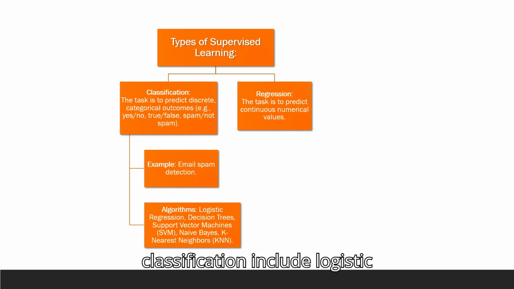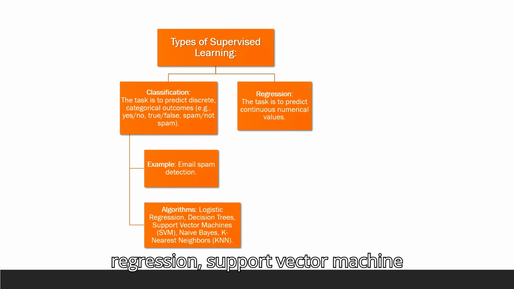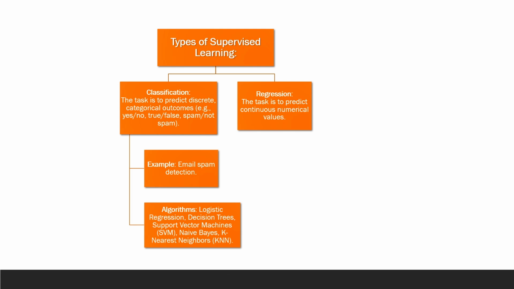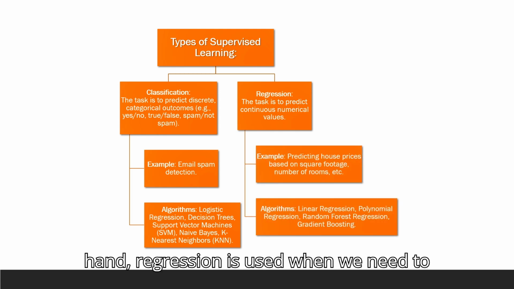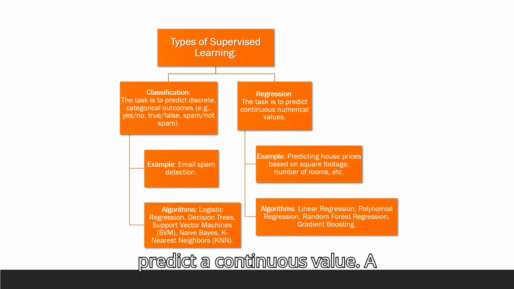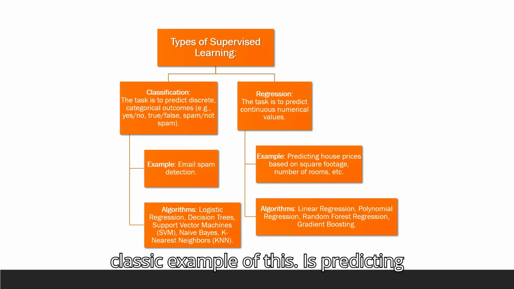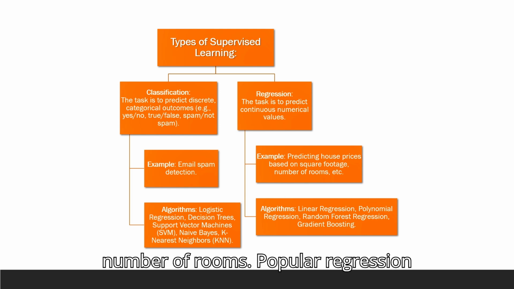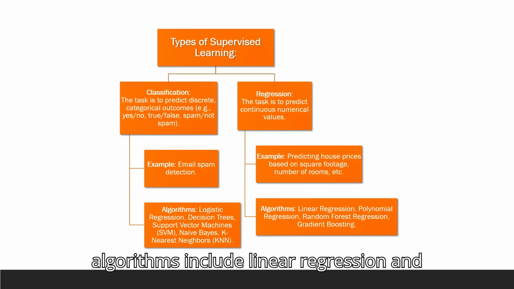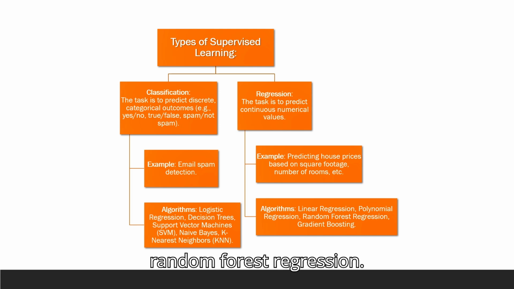Algorithms used for classification include logistic regression, support vector machine, and decision trees. On the other hand, regression is used when we need to predict a continuous value. A classic example of this is predicting house prices based on features like square footage, location, and the number of rooms. Popular regression algorithms include linear regression and random forest regression.